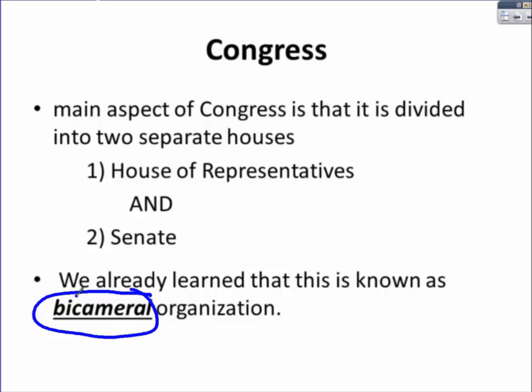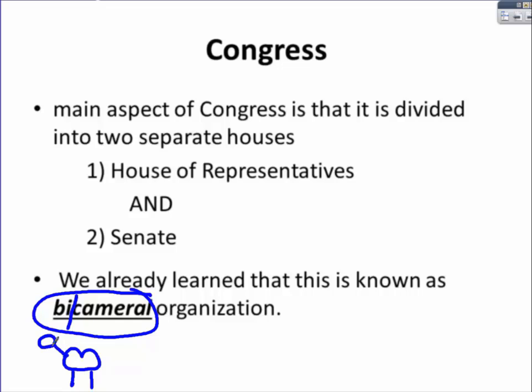Also, how you can simply split it by two. Cameral sounds like camel, so two-humped camel. And I'll even do a cheesy drawing of a camel for you. Yeah, that's really bad.